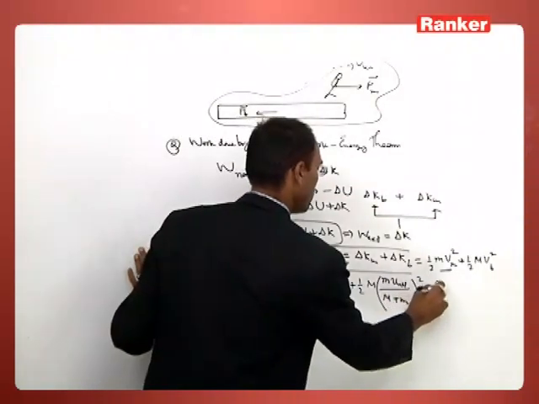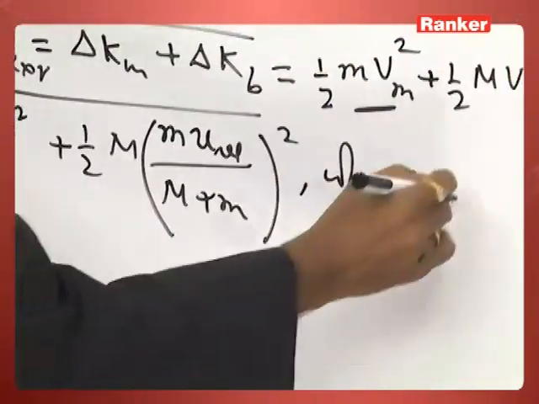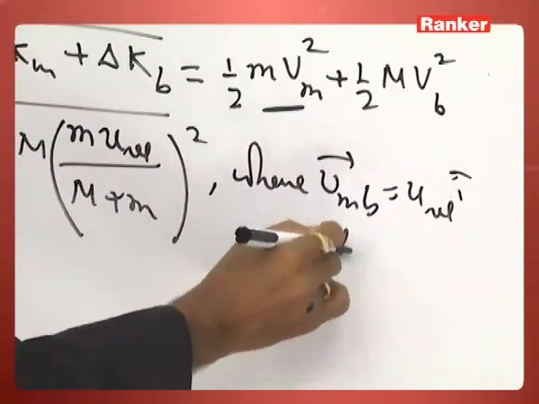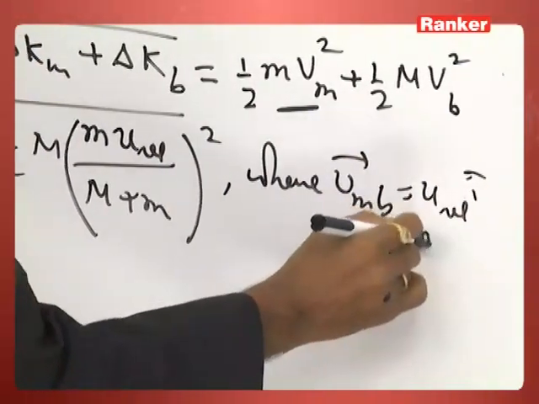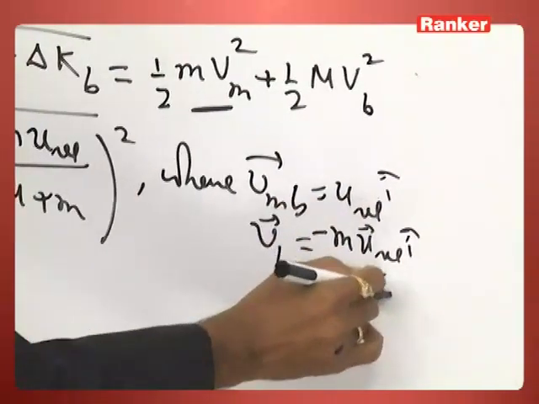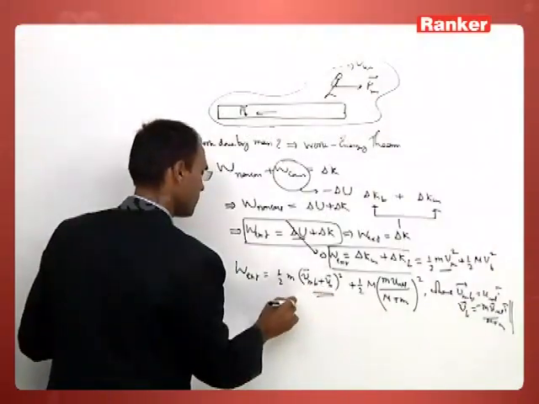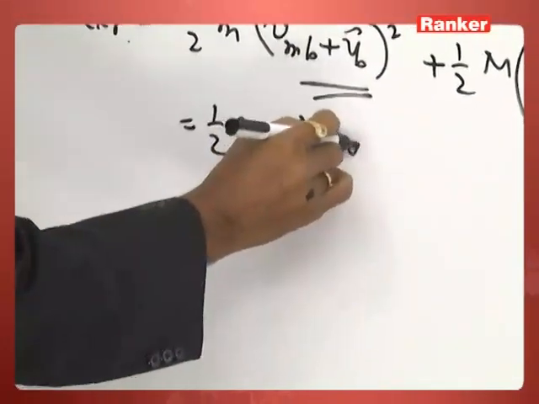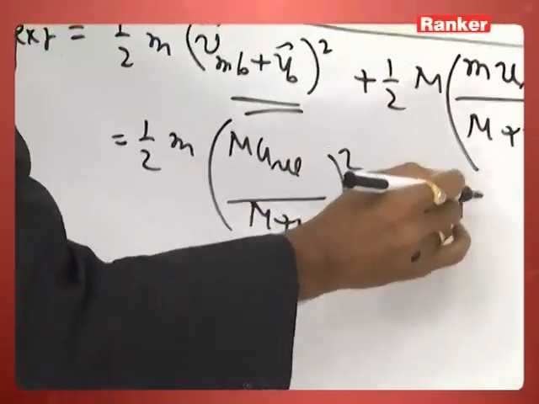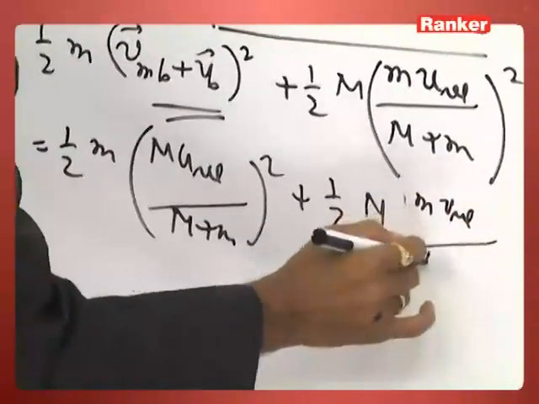Here the velocity of the man with respect to boat is u relative, that's in the i cap direction, and the velocity of the boat is equal to m u relative i cap, minus, by m plus M. So if you add these two, you get m into u relative by m plus M, squared, plus half M into small m u relative by m plus M.